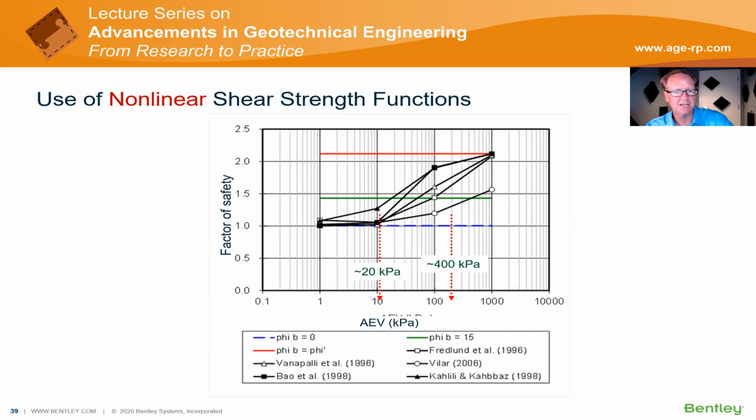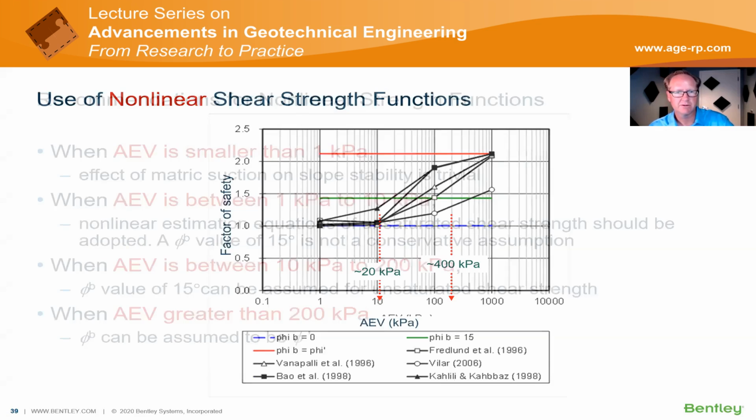And what you're seeing is that as the air entry value increases, it's raising the factor of safety, because we're considering the influence of suctions at higher suctions. I find this a very interesting plot to bound the potential influence of soil suctions on factor of safety.